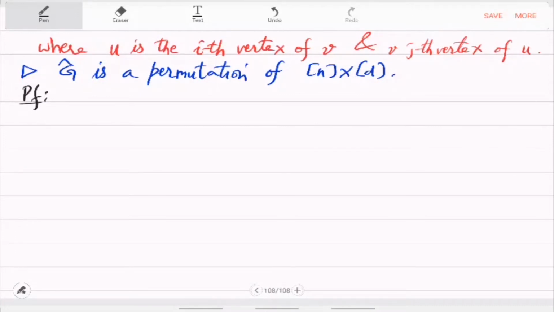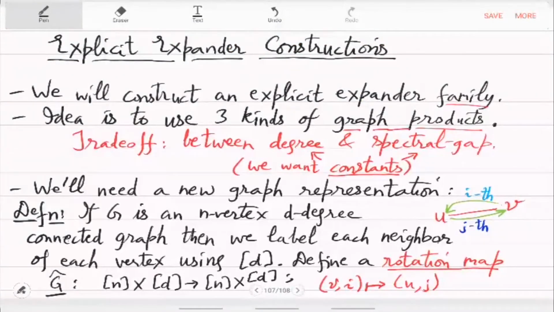So why is it a permutation? It's a permutation simply because the image of (u, i) is exactly one pair, and the image of (v, i) is unique, and the pre-image of (u, j) is also unique.